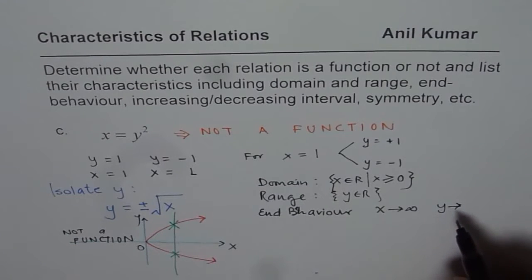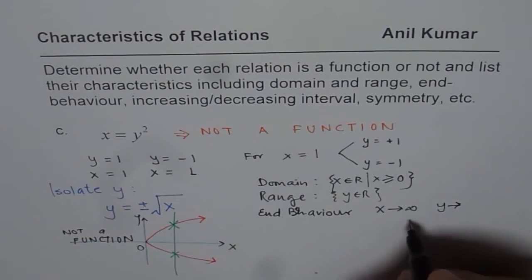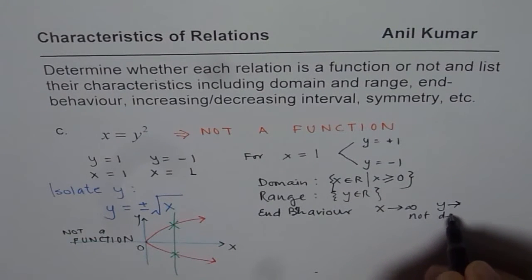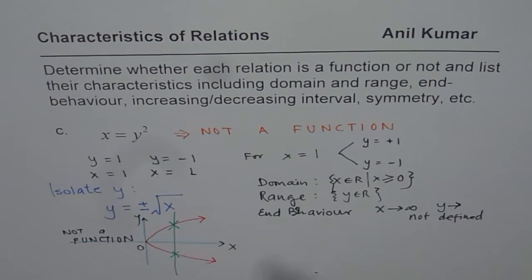So in this particular case, it is not defined. That makes sense because this is not actually a function, it is a relation. We don't know whether we're talking about the upper half or the lower half of the graph. So that is a very interesting example.